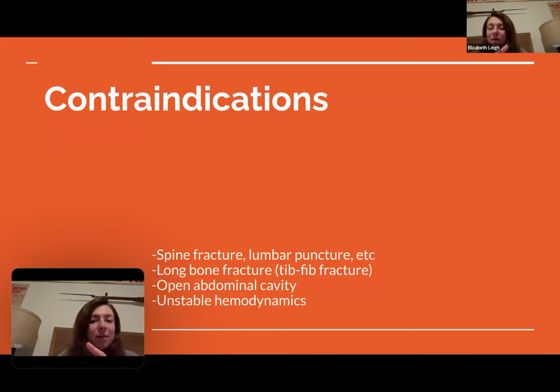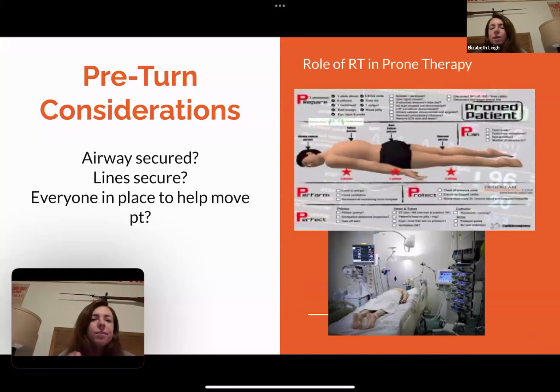That made me think about how you couldn't prone that patient. Or a patient that had just gotten some type of abdominal surgery, like if they had diverticulitis and had to have a surgery that cleaned their colon out. Maybe they need to go back in for another surgery. They would keep their abdominal cavity open, and that would prevent us from being able to prone them. These are just some pre-term considerations.